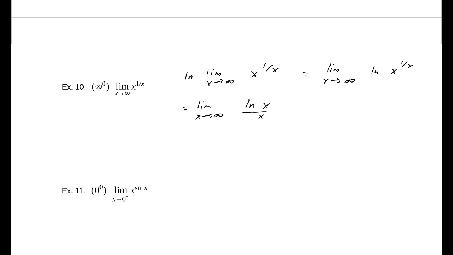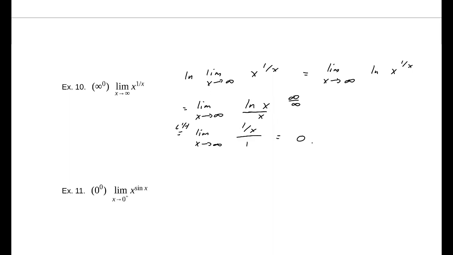Now, as x approaches infinity, this is going to an infinity over infinity case. So if we apply L'Hopital's rule at this point, the limit as x approaches infinity of 1 over x over 1, and that limit is going to be 0.